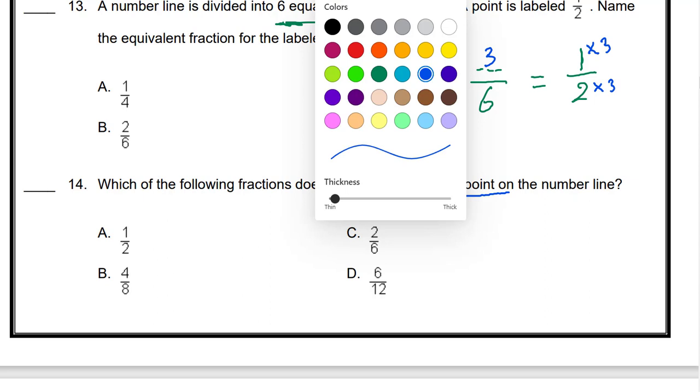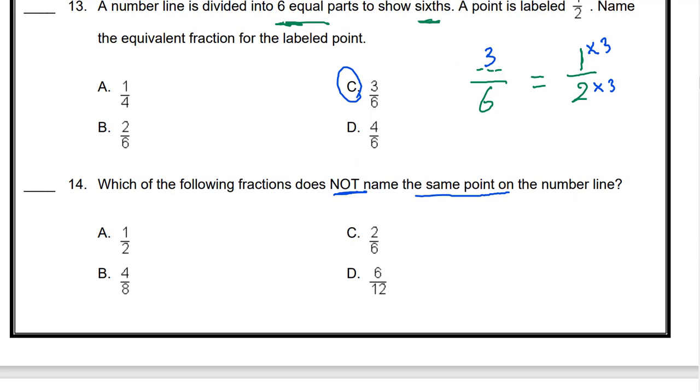We need to find which one is not equal to all other fractions in these choices. 1/2 is not equal to 2/6. Okay, this is not equal to one half. 4/8 is the same. And 6/12 is also equal to one half.